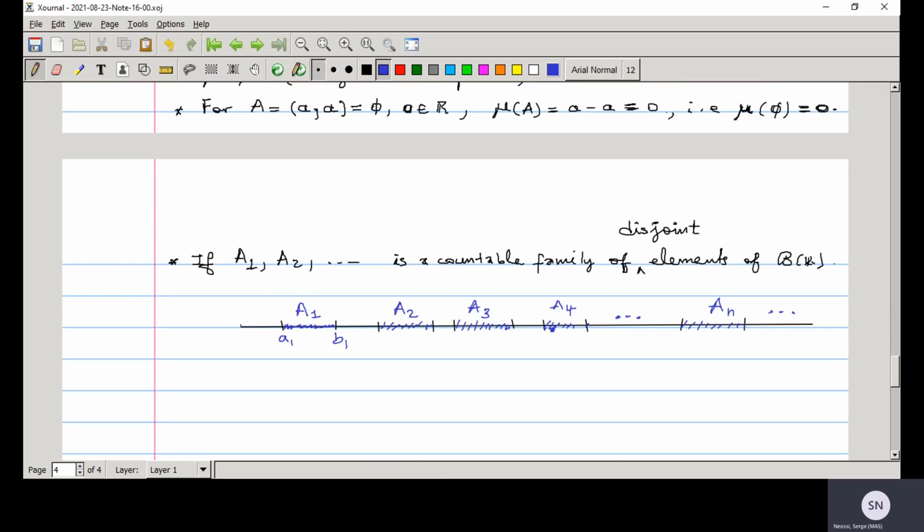So now, what will be the union? How will I write the union? Mu of the union, if I take this union, it will be this union that union that union that. Now, the measure of all this.